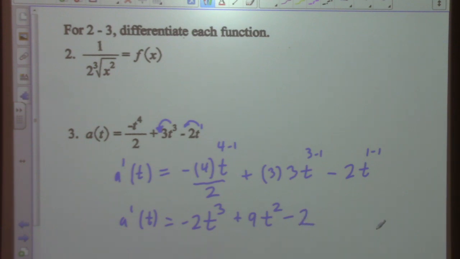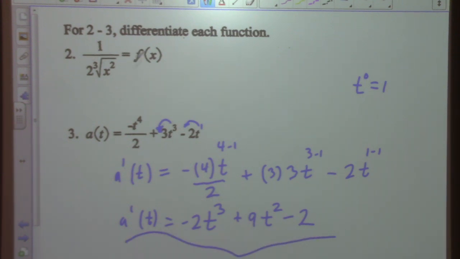Okay? And what happens is if you have a single power like this one here, it just becomes the coefficient because you have t to the 0 power is equal to 1. Okay? So that's what it looks like, and this is really in lieu of doing the definition of derivative. So that's what this one's going to be.